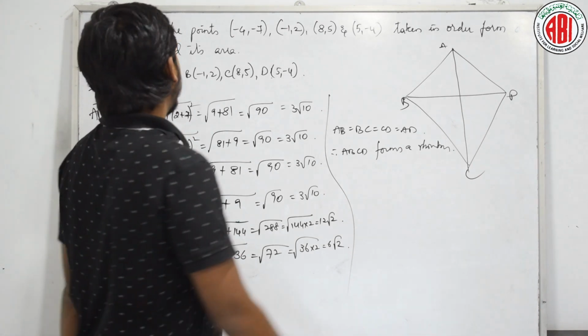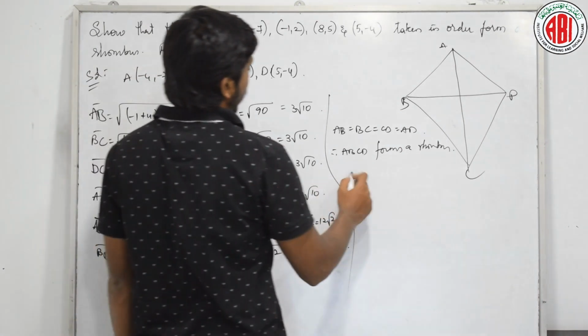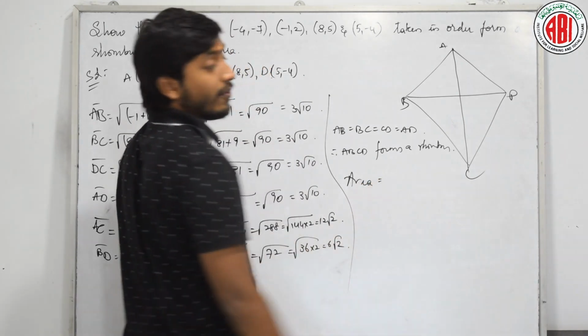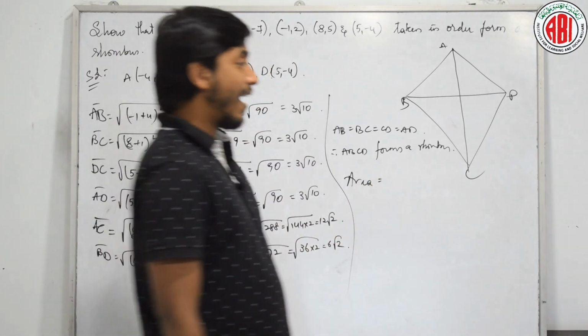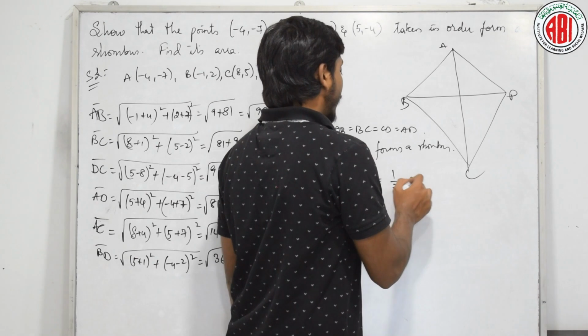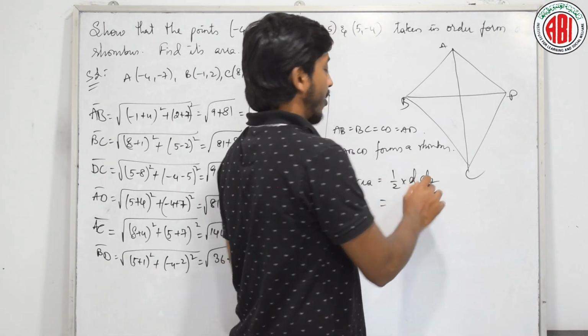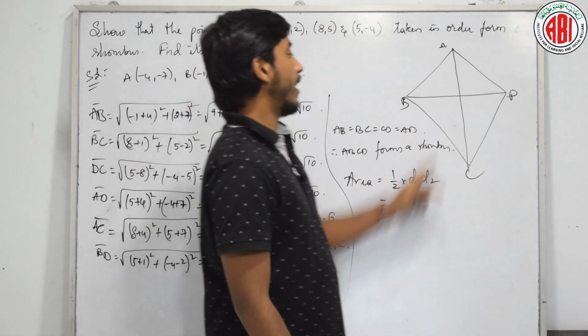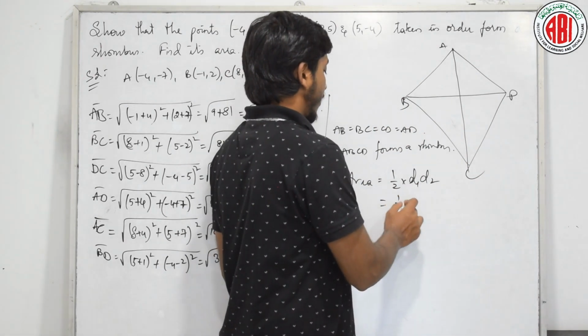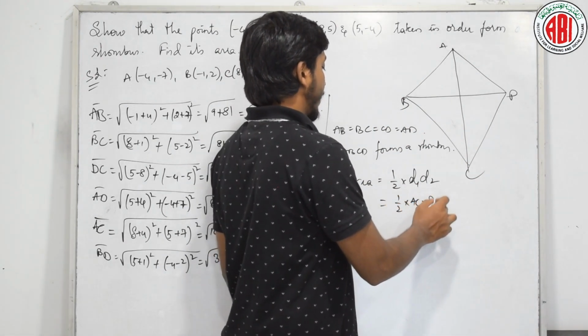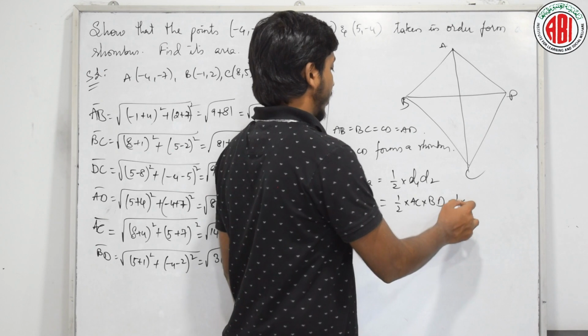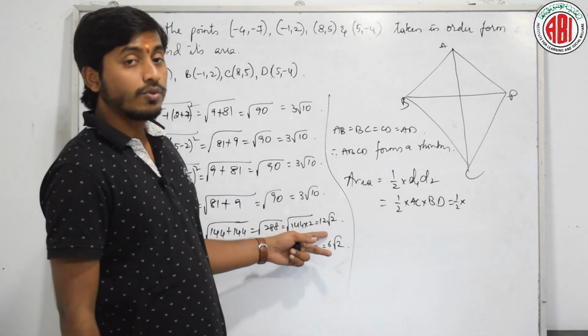Okay. Now he is asking us to find its area. How do we find the area of a rhombus? Tell me the formula. Area of a rhombus is half into d1 d2, that is product of diagonals. What are the diagonals here? AC and BD, that is half into AC into BD, that is equal to half into, what is AC here? 12 root 2.